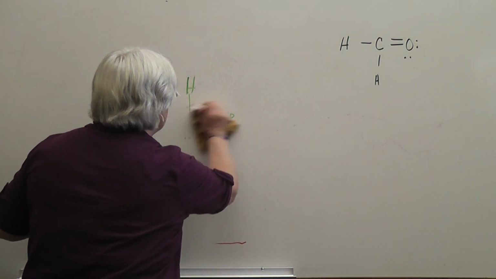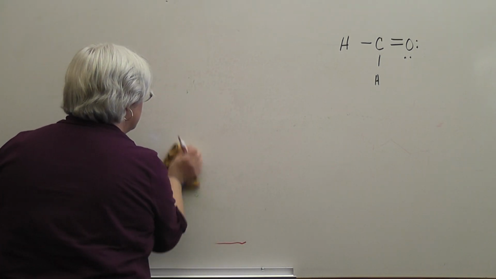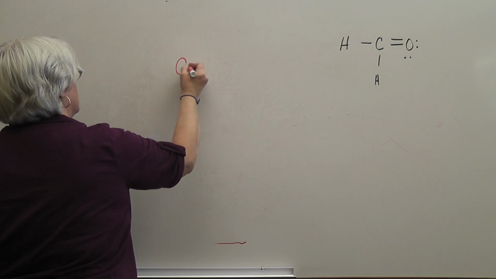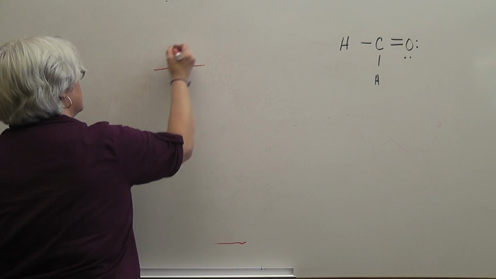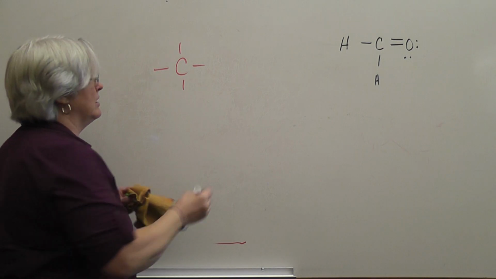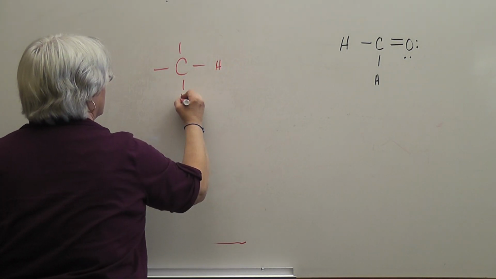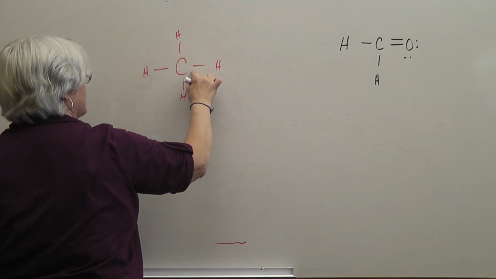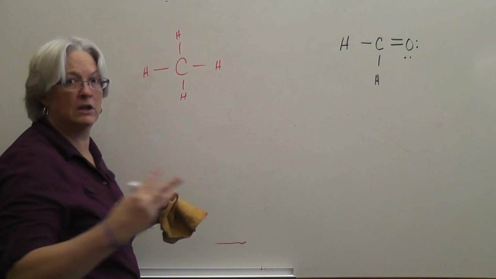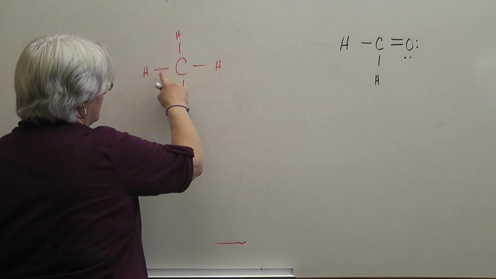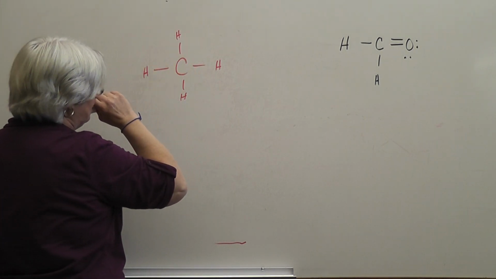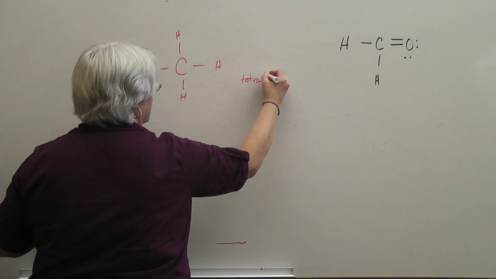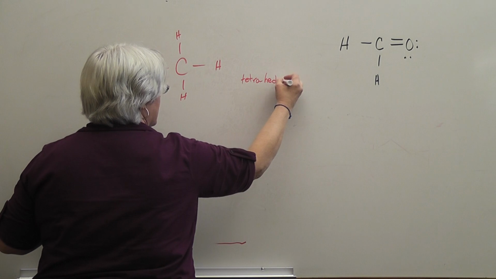And they're all based on a central atom that has 4 pairs of electrons around it. If all 4 of those pairs of electrons connect to another atom, they're all bonds, then this is called a tetrahedral shape.